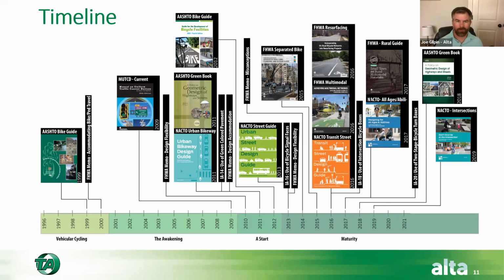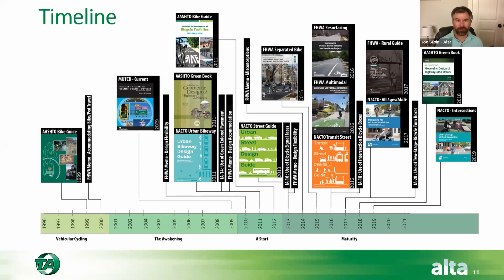All of these different tools have evolved over time, and that experience has been gained. And as this has happened, we've seen a huge number of new design guidance documents, everything coming out from NACTO, different design guidance coming out from FHWA that's not part of the MUTCD process. We've seen interim approvals get released since the 2009 MUTCD. So all of this has been moving very quickly.